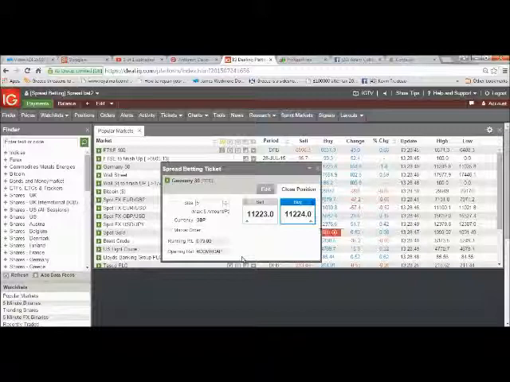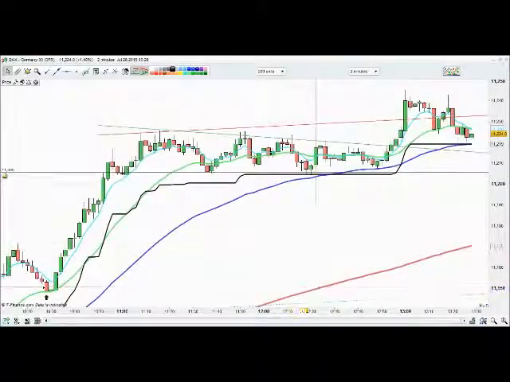Profit at the moment, well, it's okay. I mean, it's just finding resistance here. Sometimes you want something to happen very quickly, and you do have to be patient.